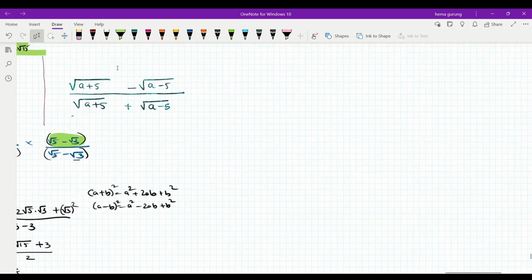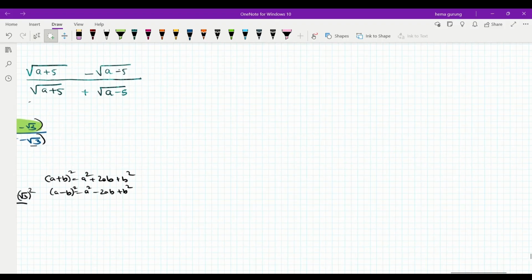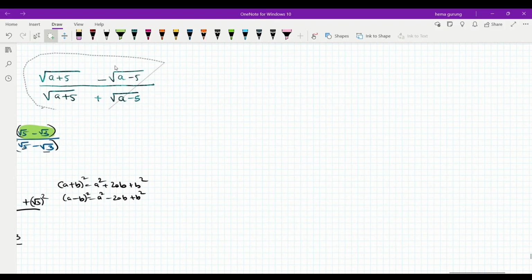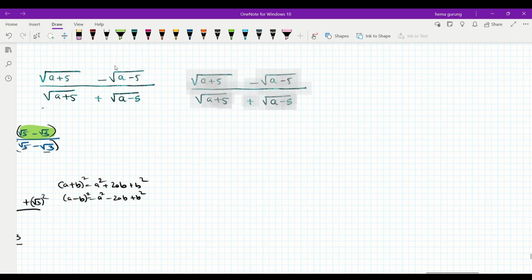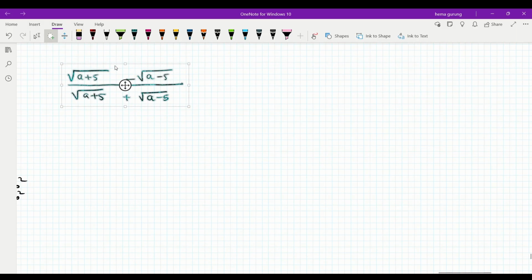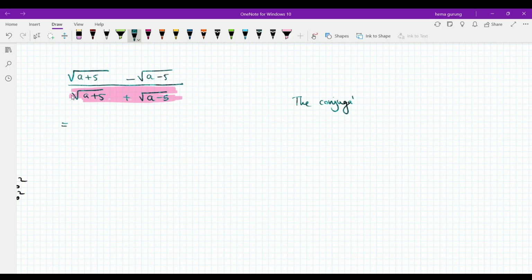So you know how to rationalize it. How do we rationalize it? Again, we will look for the conjugate of the denominator. If you see here, the denominator is √(a+5) + √(a−5). So what's the conjugate?